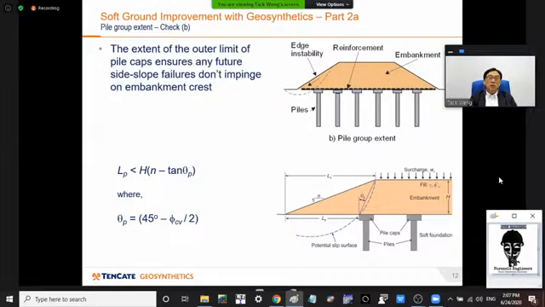But what is important is if there's any edge instability that happens beyond the edge pile cap, then it should not affect the embankment top, whether highway pavement or the rail track is constructed. And the code has equations to allow you to do this check.